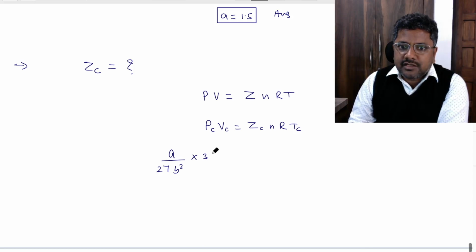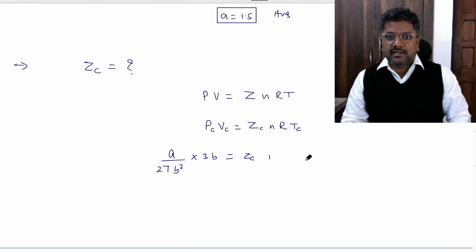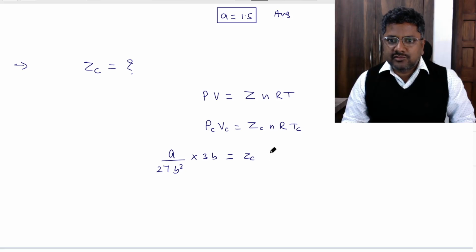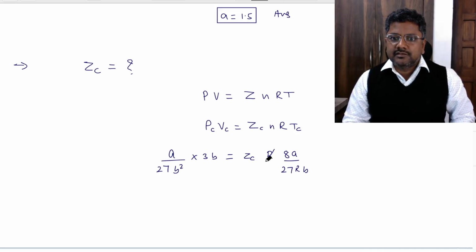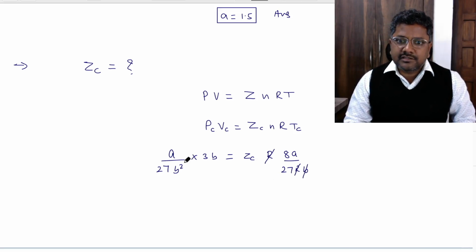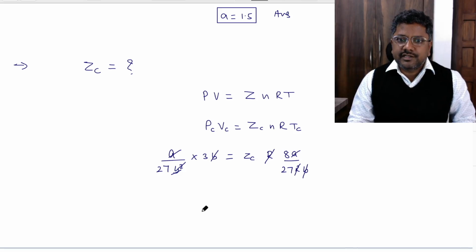VC is equal to 3B is equal to ZC, and we can take N is equal to 1 mole, so R here, and TC is equal to 8A by 27 RB. So R cancel, this B square cancel, B cancel, A cancel. So ZC is, and 27 cancel. So ZC is equal to 3 by 8.